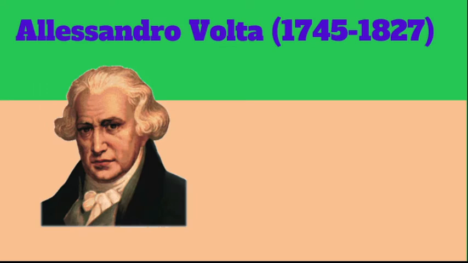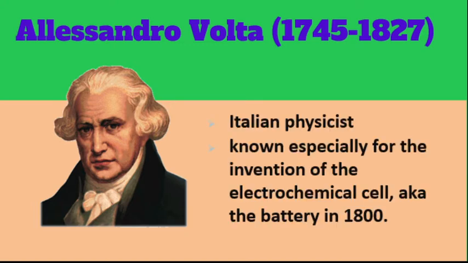The unit volt, capital letter V, is named after the Italian physicist Alessandro Volta, from 1745 to 1827, who invented the voltaic pile, the forerunner of what we now call the dry cell.